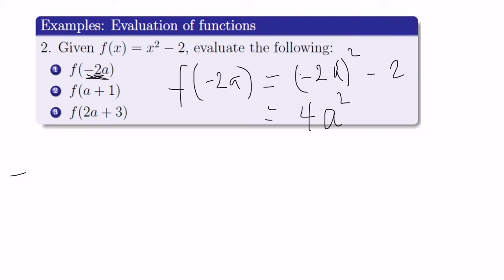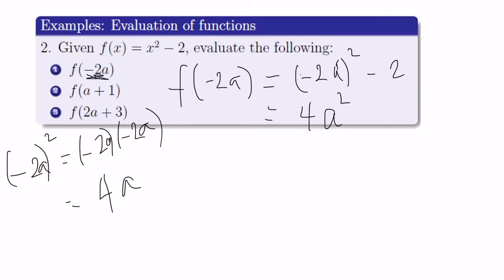I repeat, recall, negative 2 times negative 2, negative, negative, positive. So we have 2 times 2, 4, a times a, a squared. So that's why we have 4a squared. Then minus 2. So this is our answer.